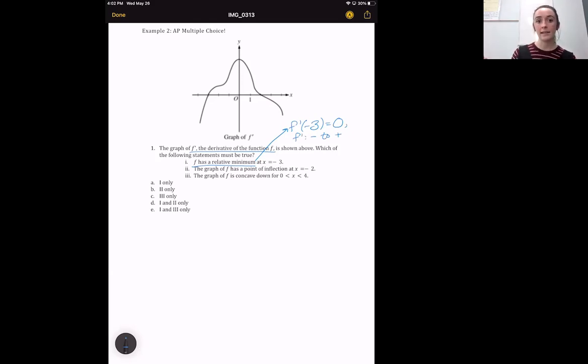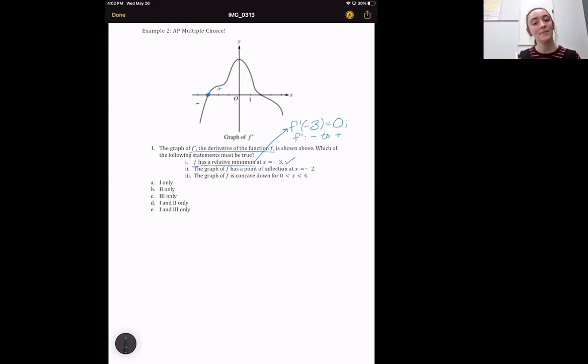Well, is that the case on our graph? Let's look at f prime of -3. Okay, it crosses the x-axis. It's negative on the left-hand side. It's positive on the right-hand side. So yeah, number 1 is true. F would have a relative minimum at x equals -3.